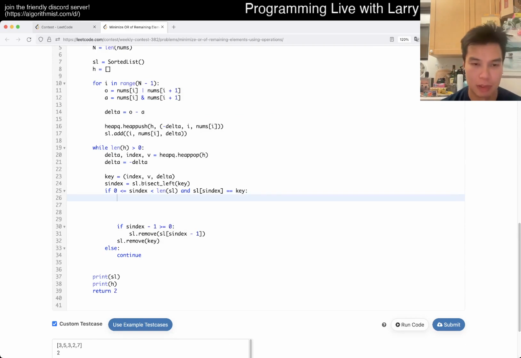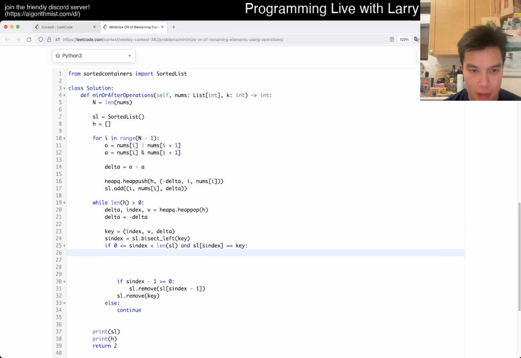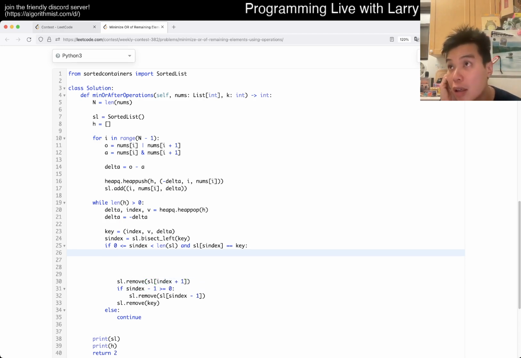So index, so now we're trying to look at the next number, right? So if we process this number, the next number will not go, right? So we also want to have to remove something like that, but put it in the future. So then here, okay.